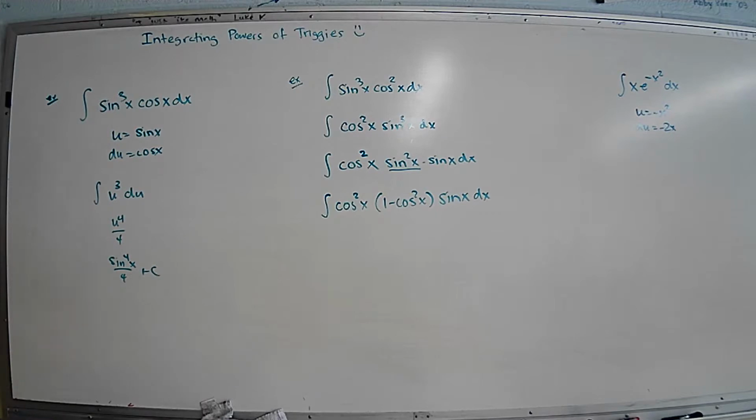And now, I'm not going to say that this one is screaming "use u." This one is whispering "use u," because it's not quite as obvious just because of the way it's written.